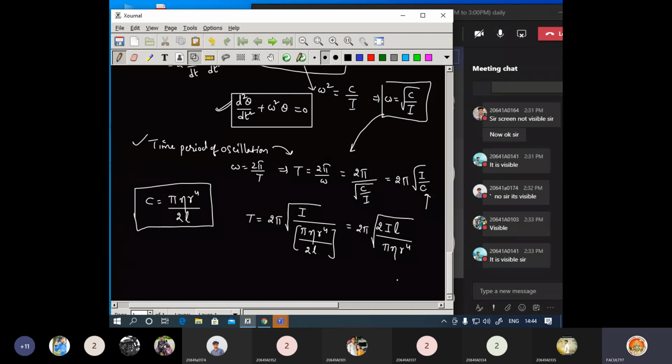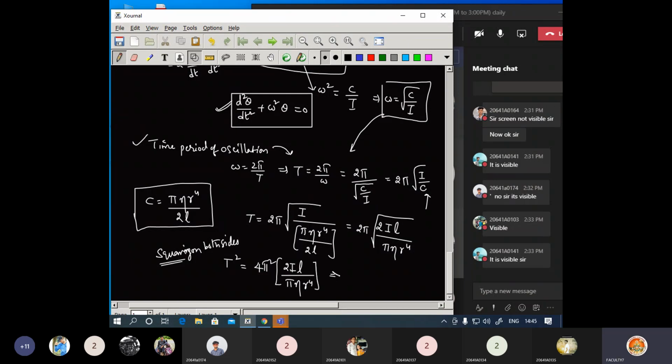Now if you want to remove the root here, you take T square. You square on both sides. Squaring on both sides, now T² equals 4π², so the root will not be there now, into 2IL by πηr⁴.